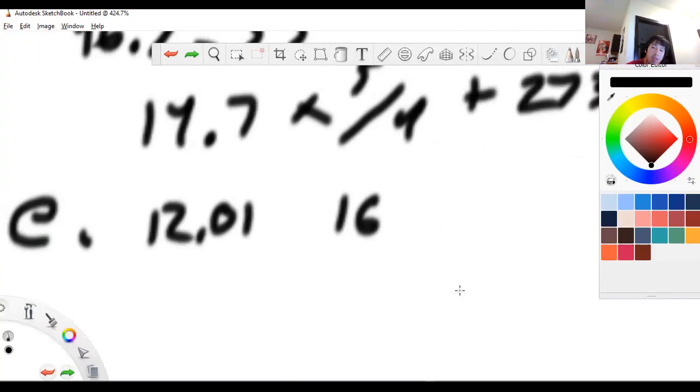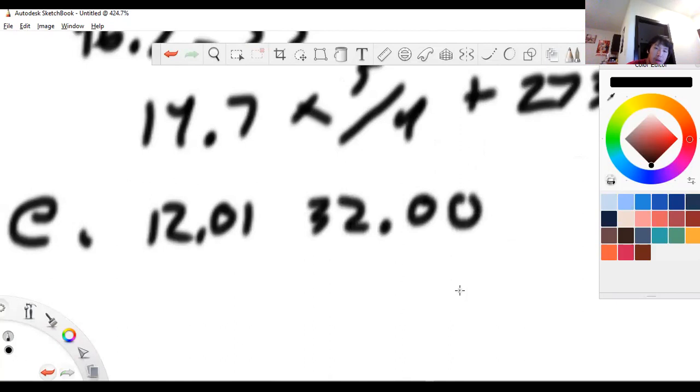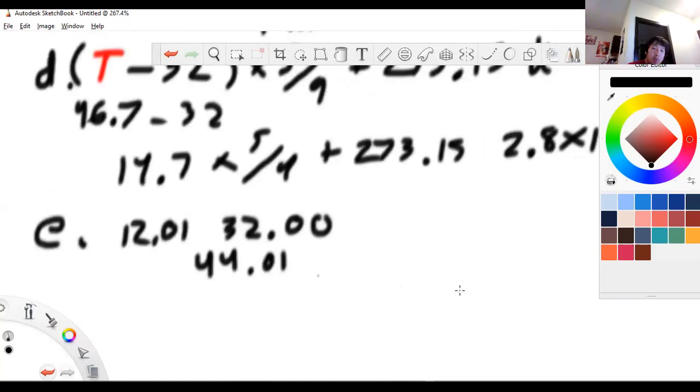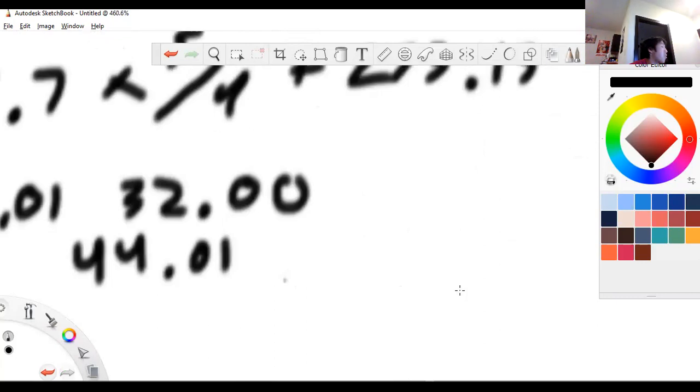Well, there's 2 oxygens, so this is going to be 32. You get 44.01 for a molar mass. And then we just multiply this by 83.381. We'll end up with 4 sig figs because of what we did over here.